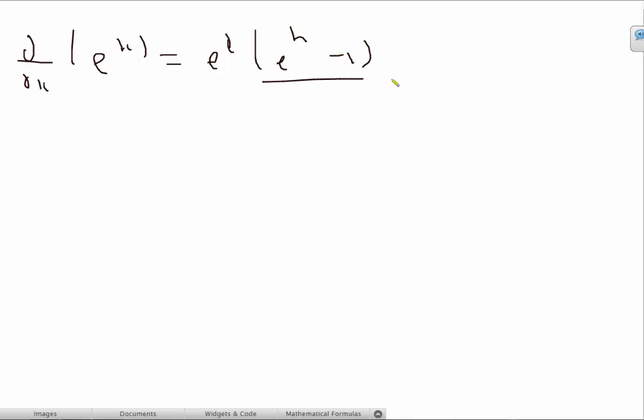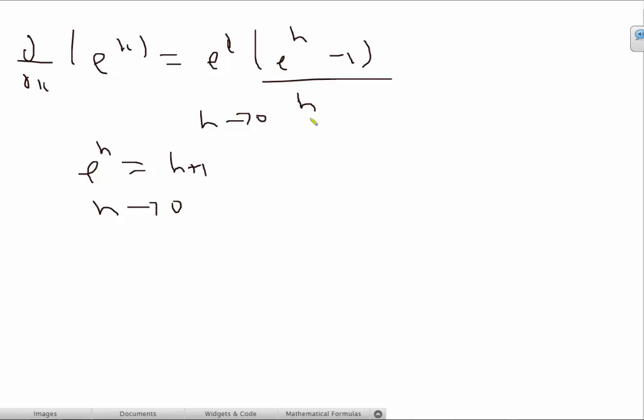our original expression was the derivative of e^x is e^x times (e^h - 1) / h, where h tends to 0. And we know that the limit of e^h is simply h + 1 when h tends to 0.